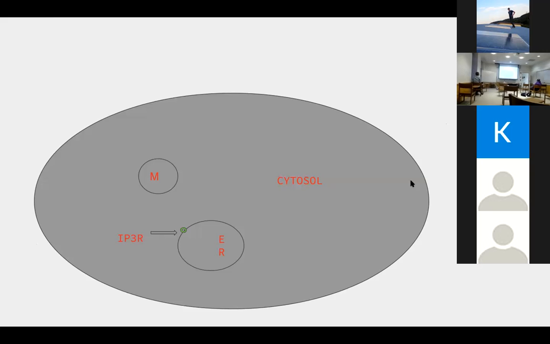So here's a very basic drawing of the cell where we have the whole cell, and the cytosol is just the gray over here. This is the mitochondria, and this is the endoplasmic reticulum. This is where the calcium is going to come out of those receptors that I talked about. Those receptors are what we're changing, but we're looking for changes in this area, which affects how much calcium could get into the mitochondria.